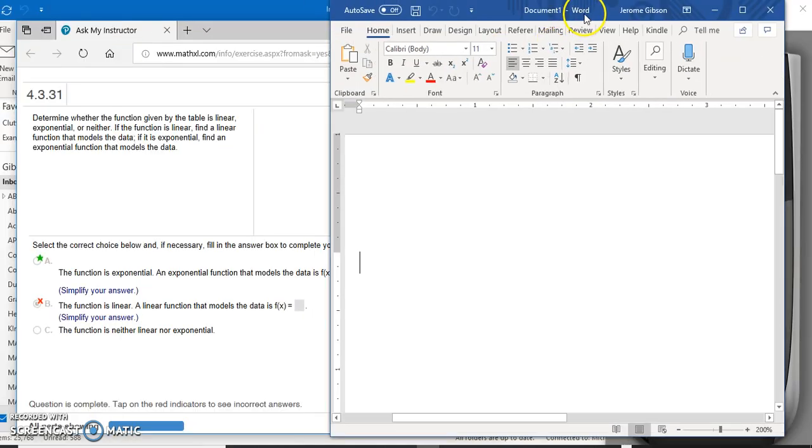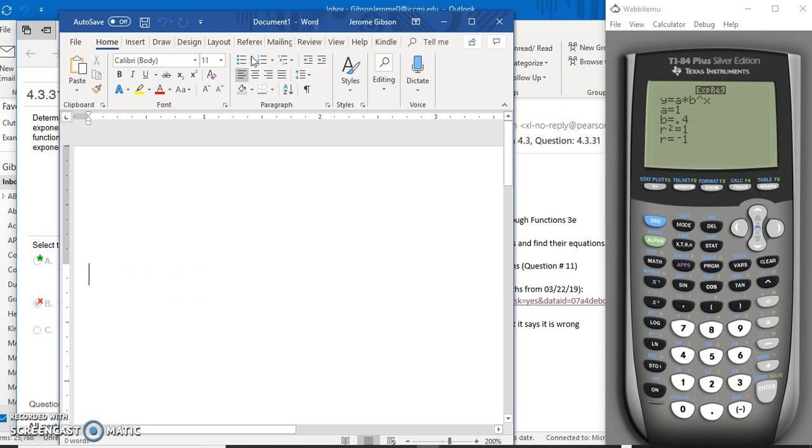Looking at this calculator, we have y is equal to, a is 1, so we'll have 1, and then the parenthesis will be what b is. Now 0.4 written as a fraction is actually 2/5. So it'd be 2/5, close your parenthesis, and then we take it to the x power. So this is the equation we're supposed to write.